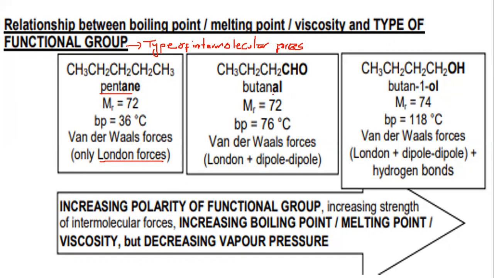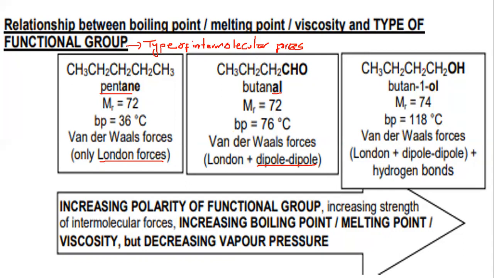When we look at butanal, this is an aldehyde. So it still has the hydrocarbon chain, and that is why it has London forces. But it also has that part, which is polar in nature, and therefore it has dipole forces.